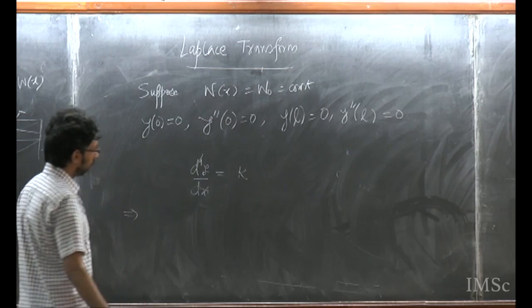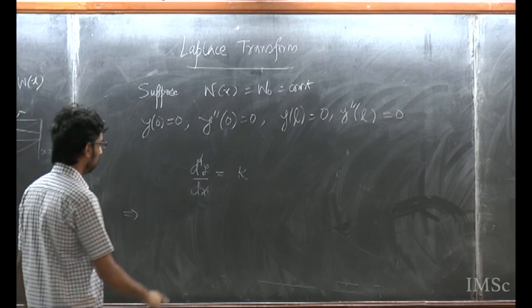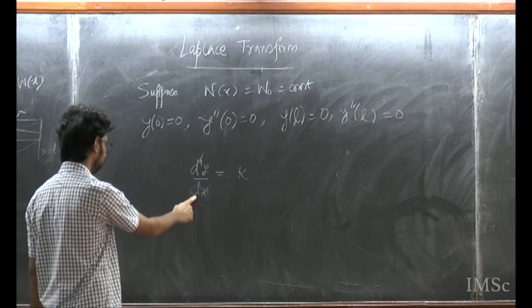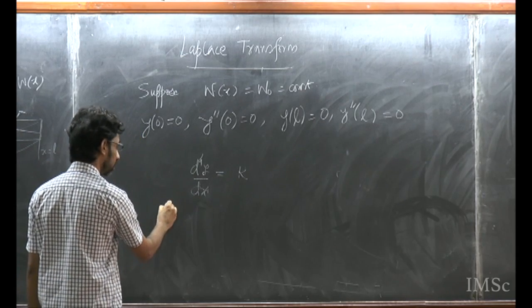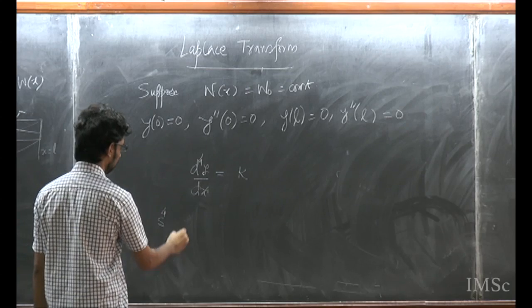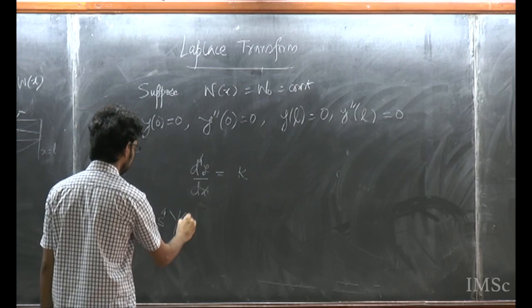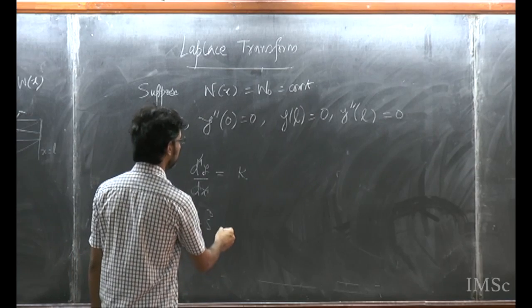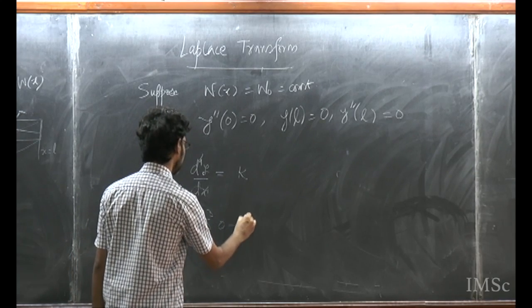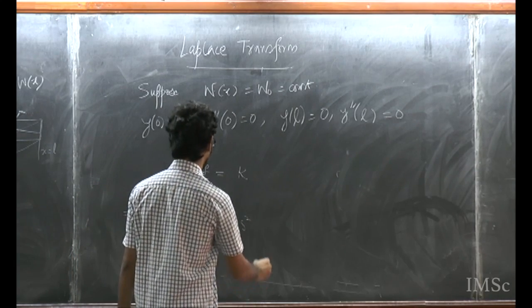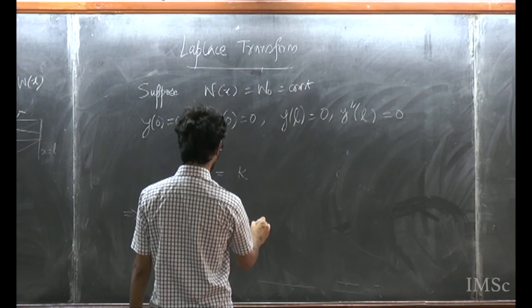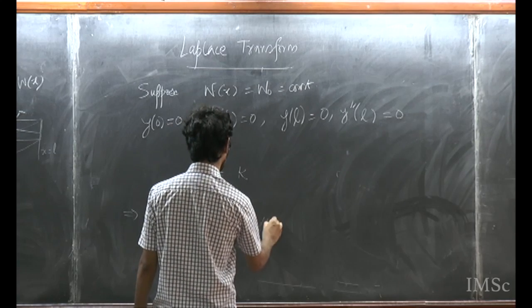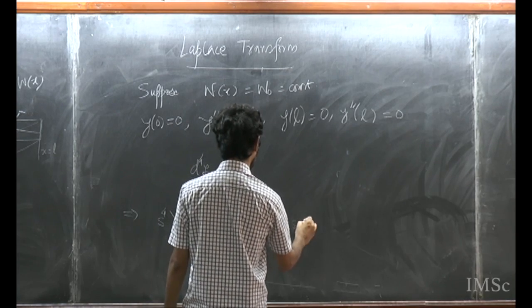So when you apply Laplace transform to the fourth derivative, what will you get? s^4 Y(s) minus s cubed y(0) minus s squared y dash, yes, minus s.